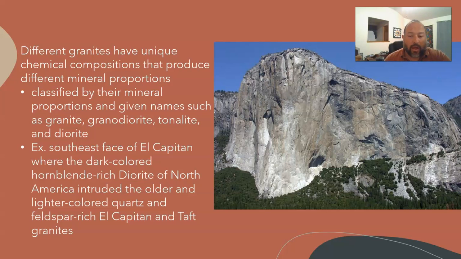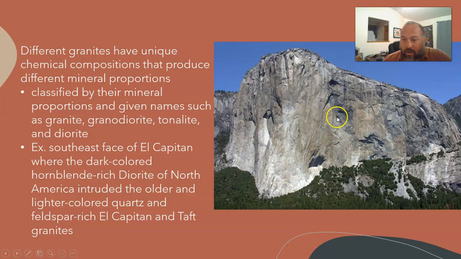And so this specific piece of granite right here, that's El Capitan. And we're looking specifically at the southeast face, which is this side right here of El Capitan. And so we can see, just like we did in the small piece of rock, we can see these different minerals at work. So we can see the hornblende rich diorite of North America.